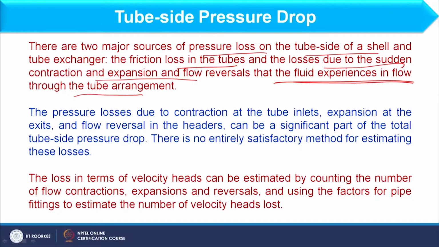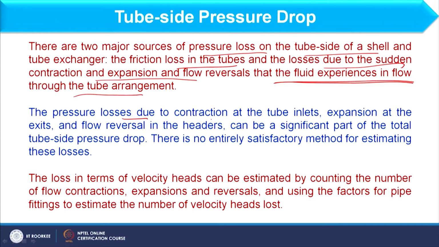And if I am considering the flow passes and tube passes, what will happen? Fluid exits the tube, is reversed, and then enters other tubes. It means a 180-degree reversal of the flow is made when it is flowing on the tube side. That will again cause a pressure drop.